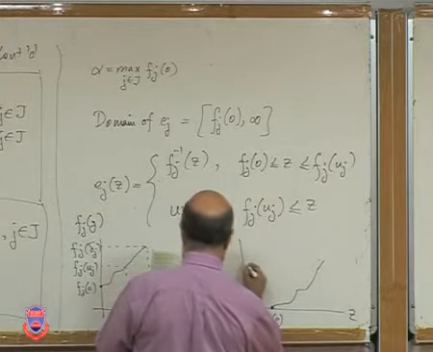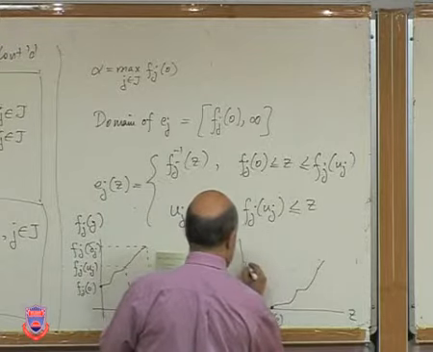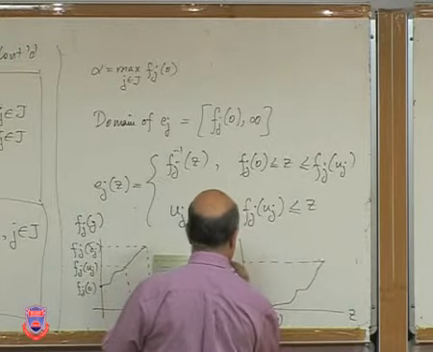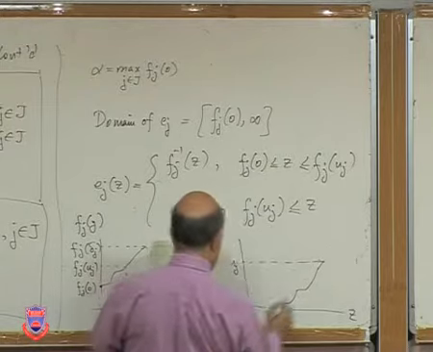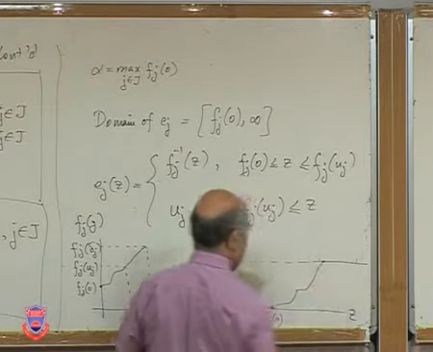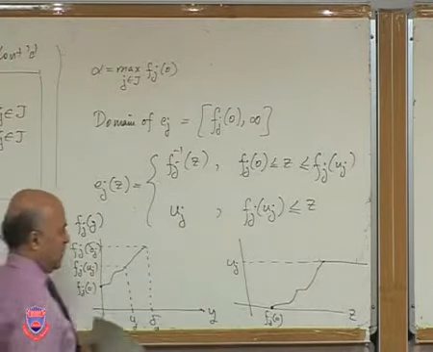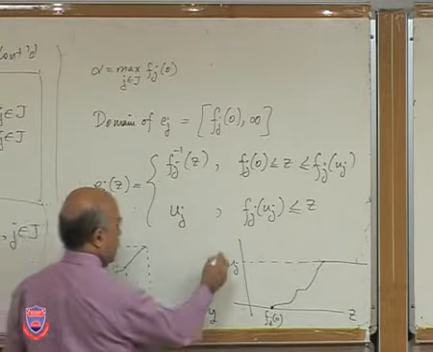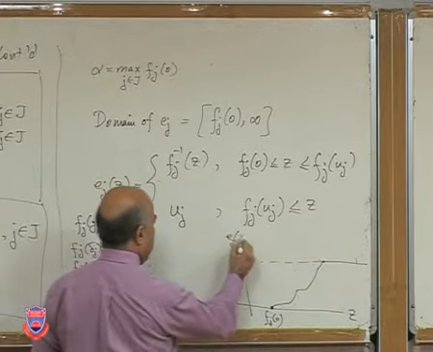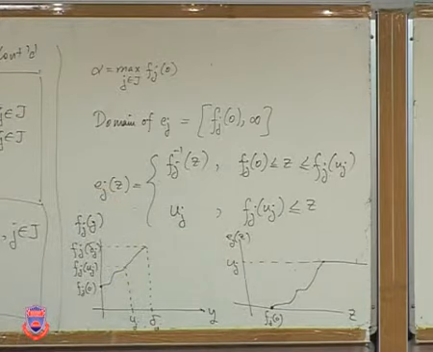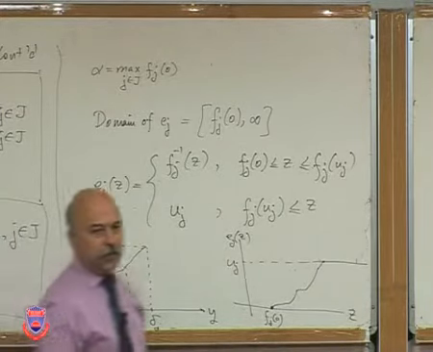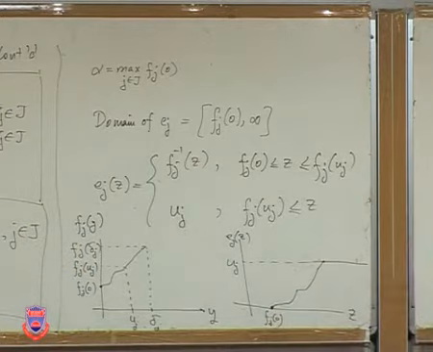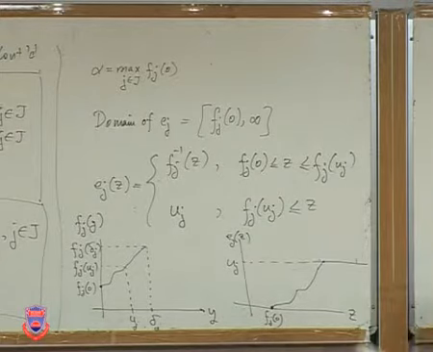When you hit the value uj, after that, the function simply goes as a straight line, like this, because it's constant after that. So it's monotonic increasing up to a certain point. After that, it's simply flat. Constant. Okay.